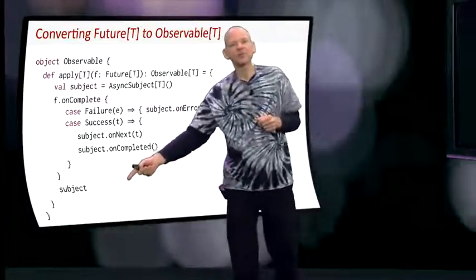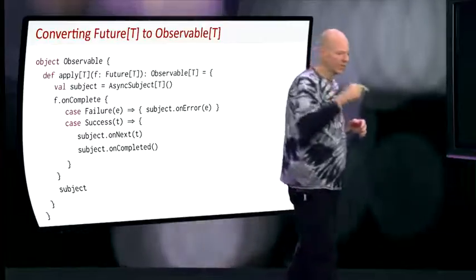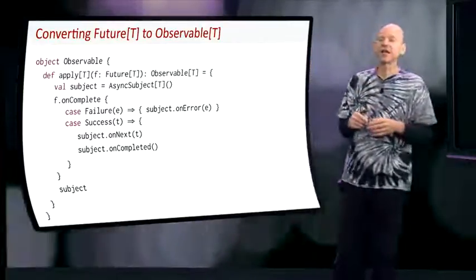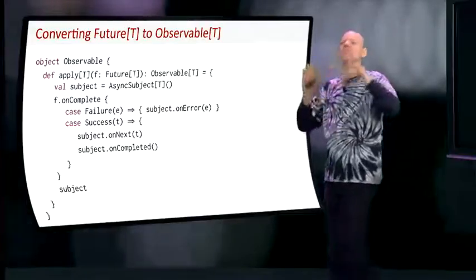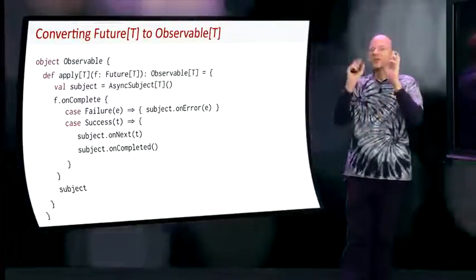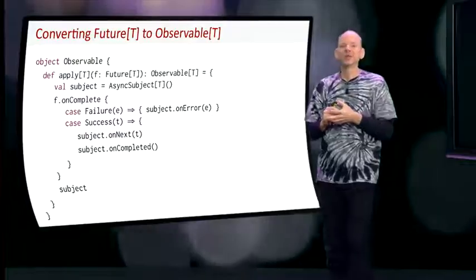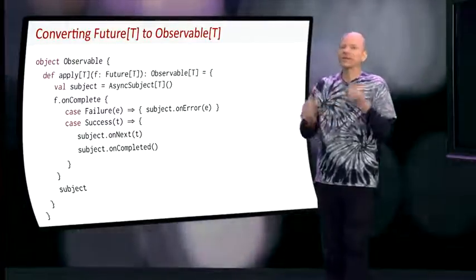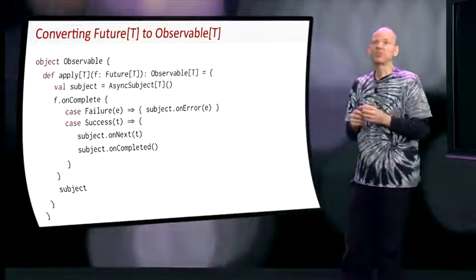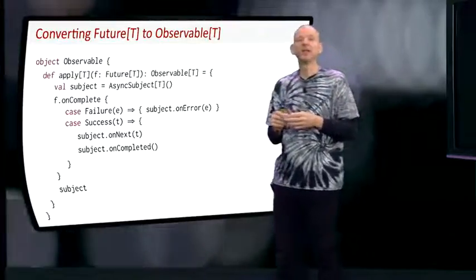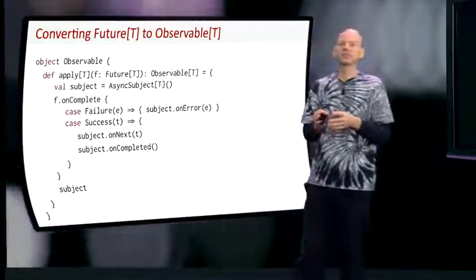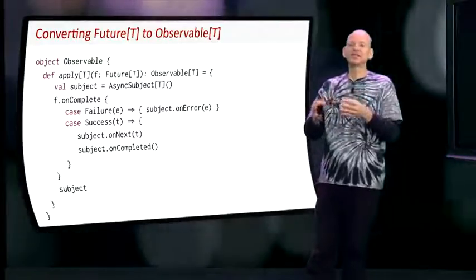So if you subscribe to this subject, it will always give you the last value without rerunning the computation. Side effects are always subtle. You have to think hard about them to make sure that they don't get duplicated or that things get run more than once. So this code here is quite subtle, and therefore, you shouldn't write these things yourself.